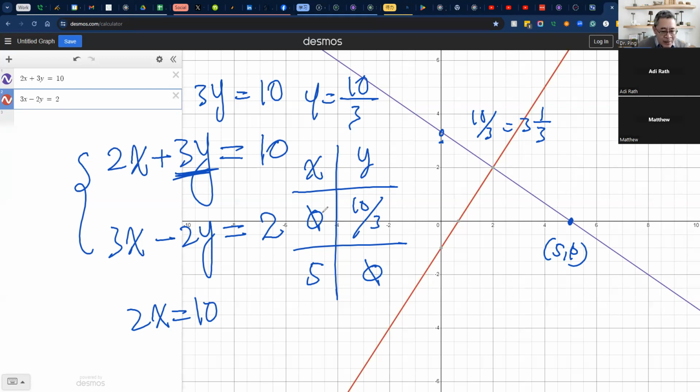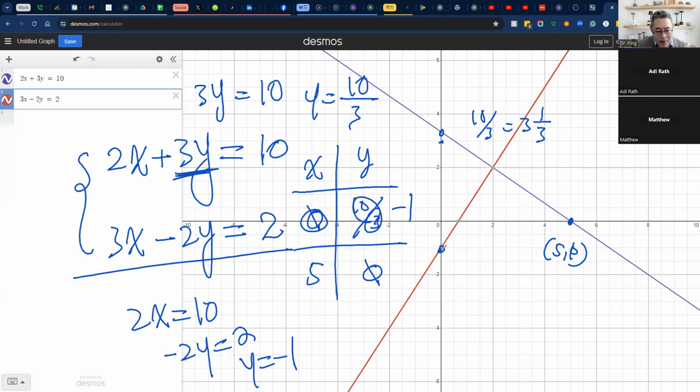When we set x to 0 for this line, it becomes negative 2y equal to 2, so y will be negative 1. That's the y-intercept. And if y is 0, then 3x equal to 2, so x is 2/3. You can see that point right here. And our solution is the intersection point, which is here, 2 comma 2.